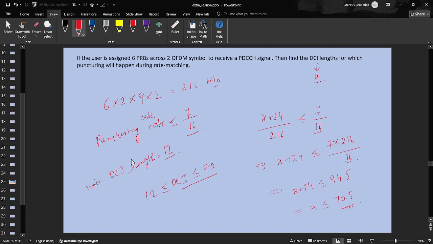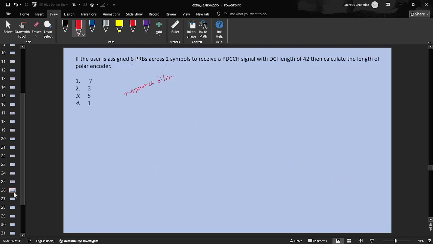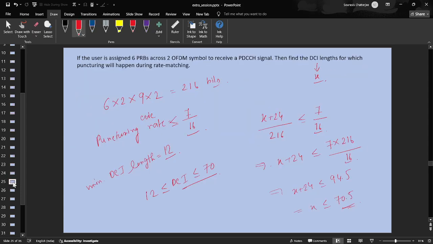Now we are starting from 12 and taking up to 70. Yeah, because that was shortening, where the code rate is greater than 7/16. So 71 to 140 is shortening. The lower range will be puncturing, the upper one will be shortening.